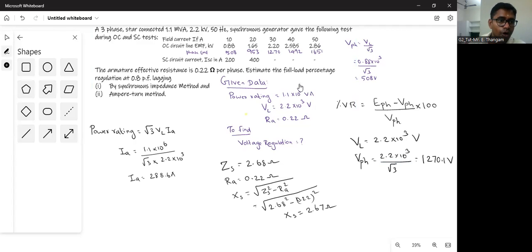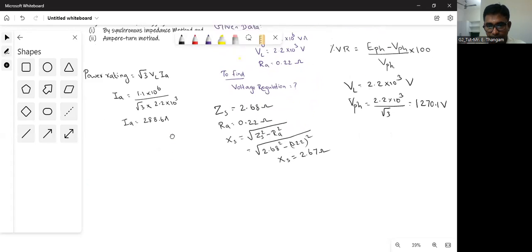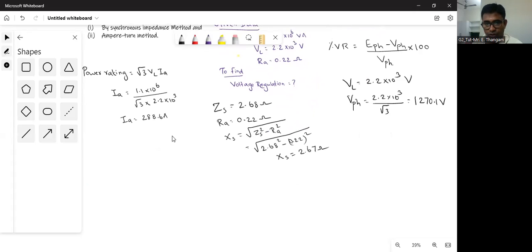Now we want to calculate what is E phase. That is very important. We know the formula to calculate E phase. Everything is available in your formula sheet. We have already derived this formula.